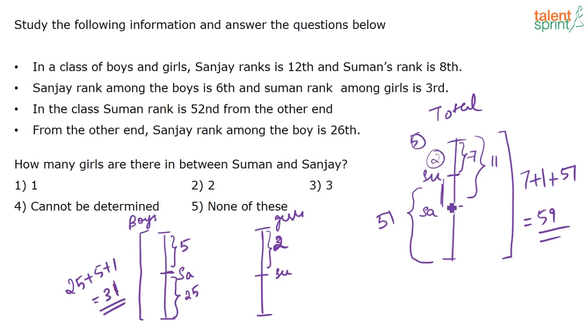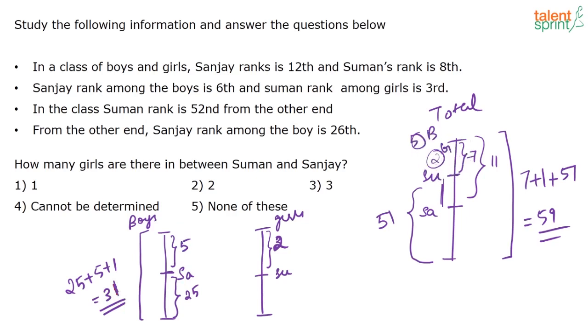Now between Suman and Sanjay, we have to find how many girls are there. Before Sanjay, how many boys are there? Before Sanjay there are 5 boys. Those 5 boys are before Suman also. Before Suman there are 5 boys and 2 girls, so these 5 boys come in the first 7 ranks.